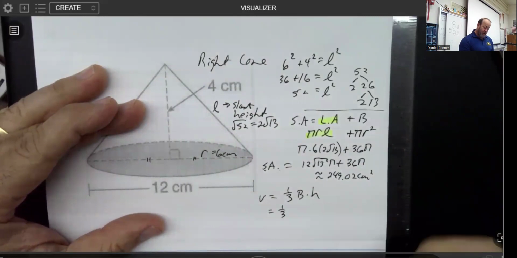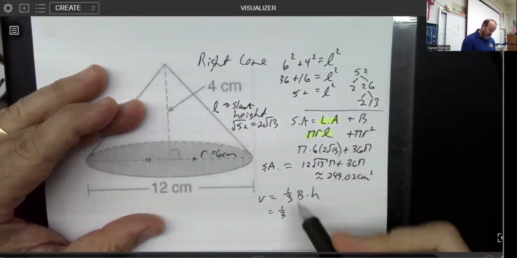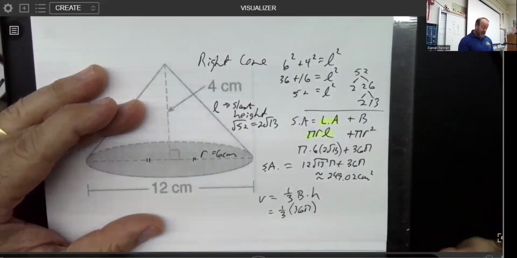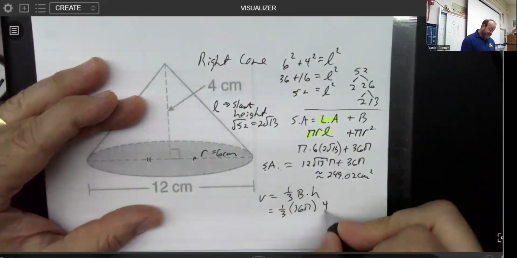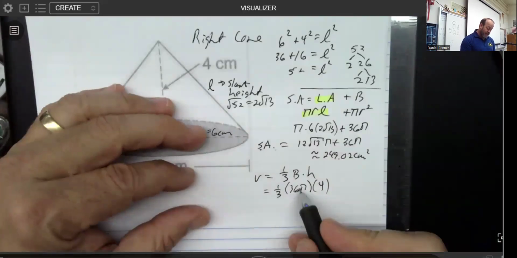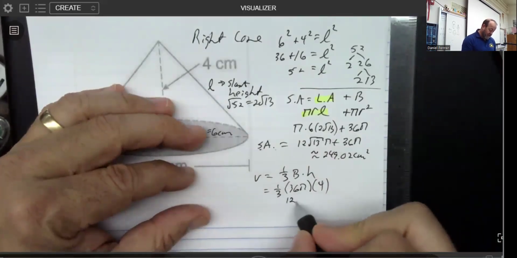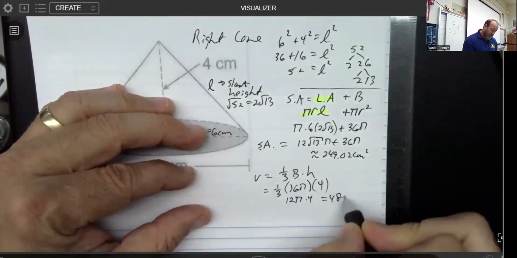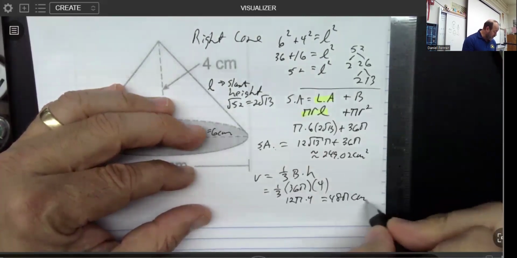Now keep in mind, we already found the base right here as 36 pi. So I might as well take that. And of course, my height is 4. And that's actually a really nice number because 1/3 of 36 is 12. And 12 times 4 is 48. So 48 pi centimeters cubed.